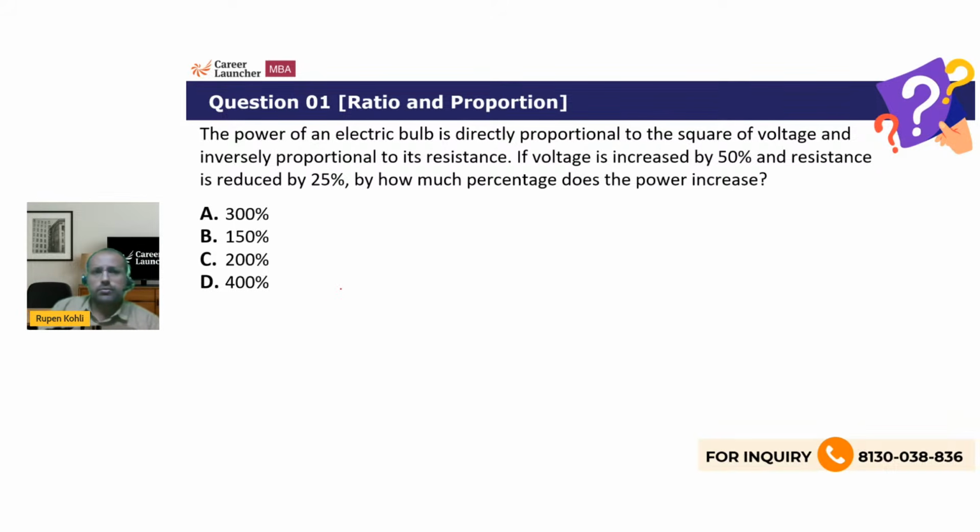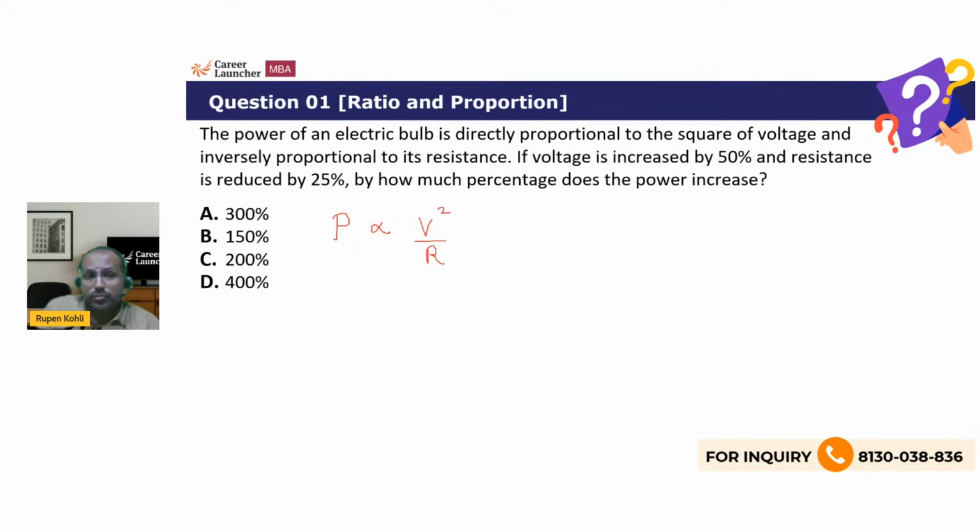This question gives us a relationship between power, voltage, and resistance. We need to write the correct equation corresponding to the given relationship. Power is directly proportional to the square of the voltage and inversely proportional to the resistance. So power, P, is proportional to V square, V being the voltage, and inversely proportional to resistance R, so it comes in the denominator.